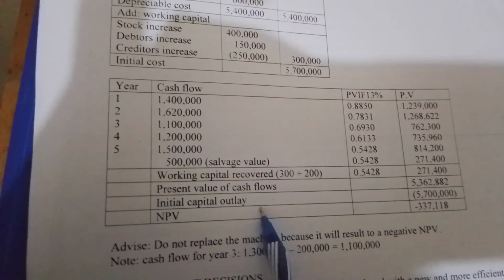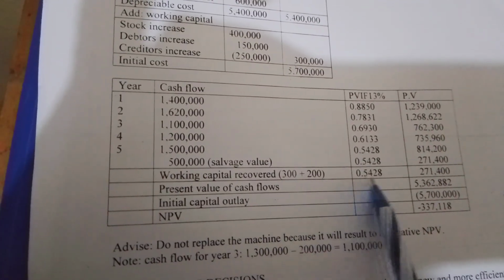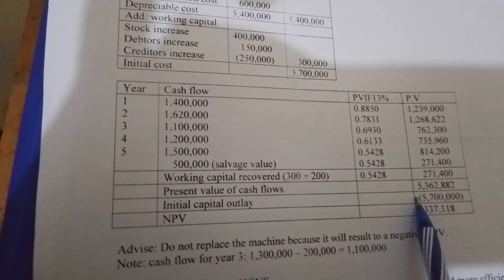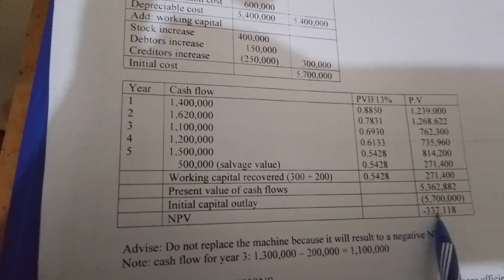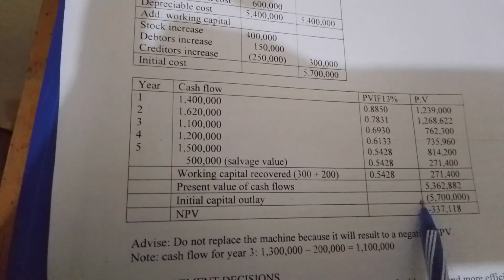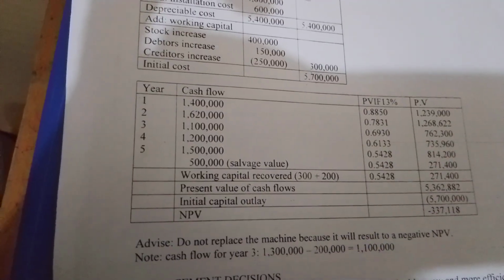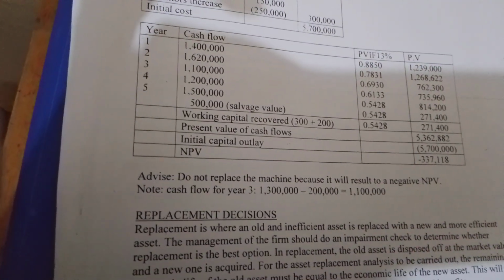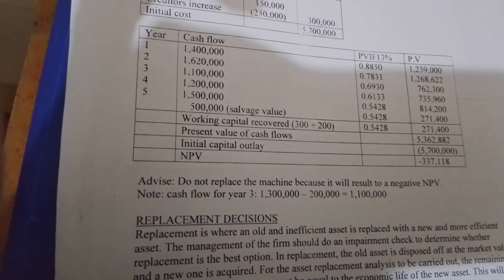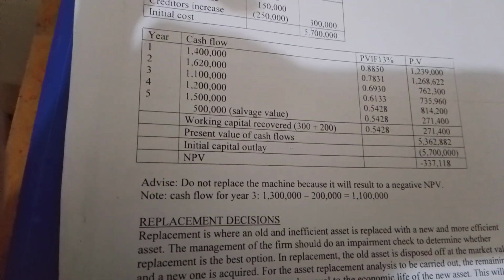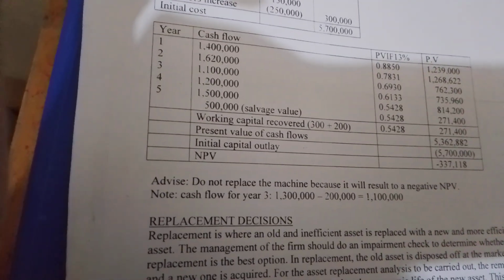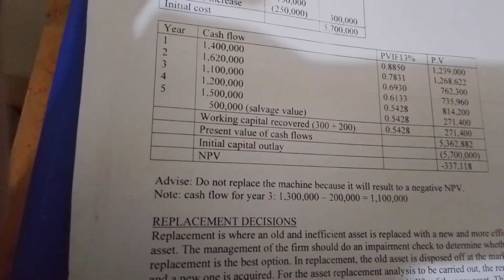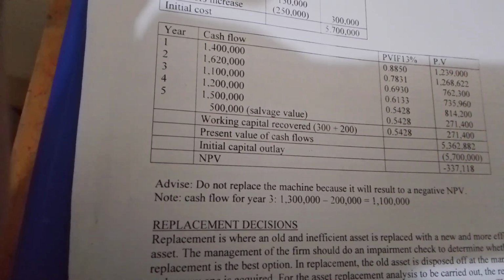So this present value of cash flows, you minus this initial cost, you get the net present value of negative 337,118. This is a negative net present value. So do not replace the machine because it will result in a negative net present value.